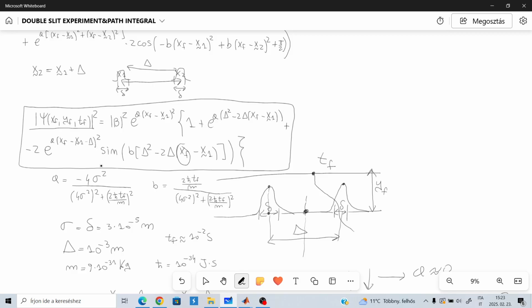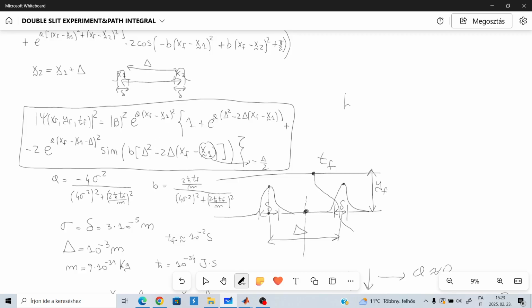So now remember that this x tilde 1 was equal to minus Δ/2. So if you set x1 equal to minus Δ/2, with this minus, this will become a plus Δ/2. So when you multiply Δ/2 by minus 2Δ, you get minus Δ squared, which will cancel this Δ squared.